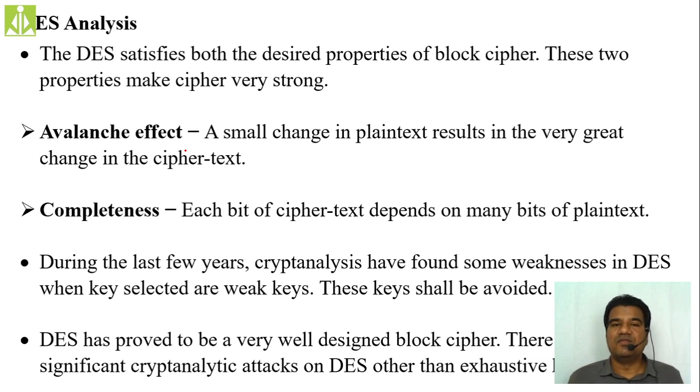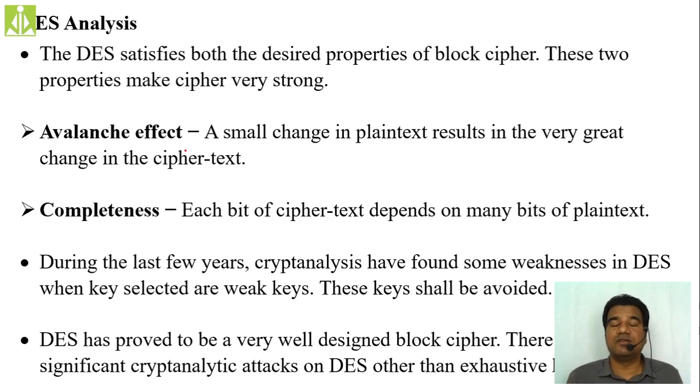After discussing the design principles, we saw how DES will be applied, the working principle of DES. It is a 16 round algorithm. The block size is 64 bits and the key size is also 64 bits. Before applying each round, we divide the 64-bit block into 32-bit equal blocks.